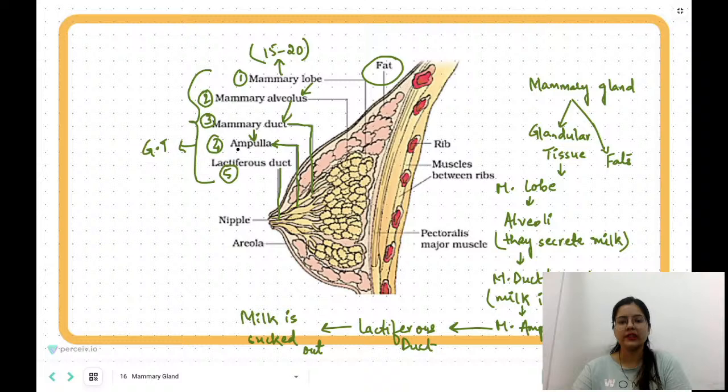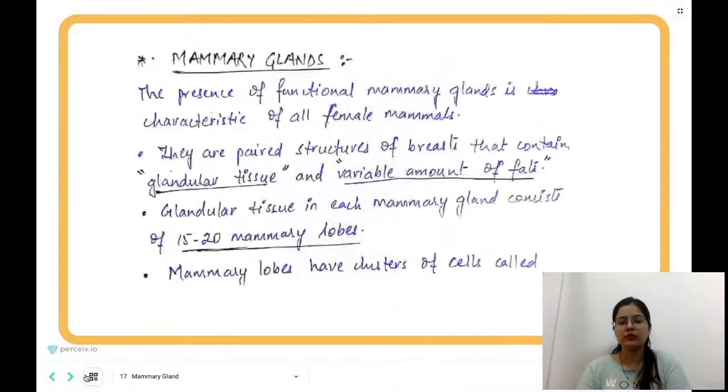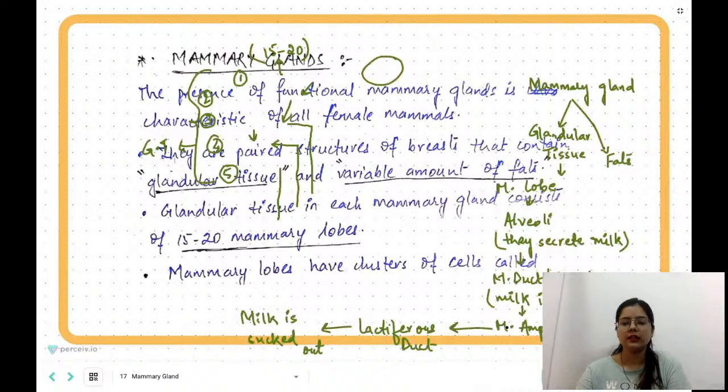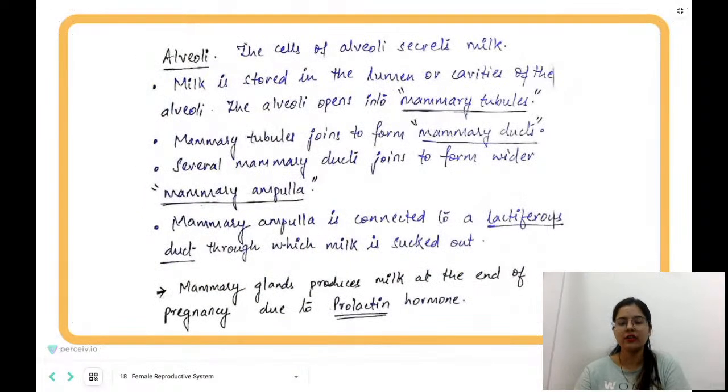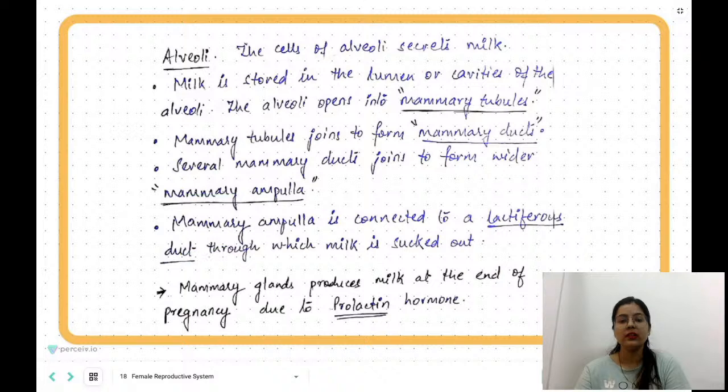All right. So these are all the things that we have seen. Now let us move on to the explanation part. As I already told you, it consists of glandular tissue and a variable amount of fat. It will have 15 to 20 mammary lobes. Now, mammary lobes ultimately connect to another important part, called the alveoli. The alveoli is the site where the milk is being secreted.